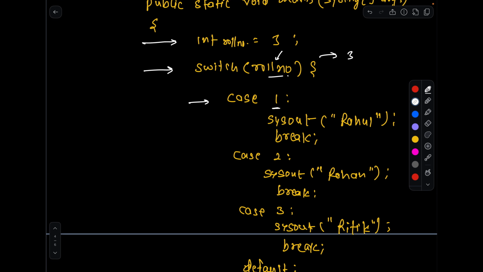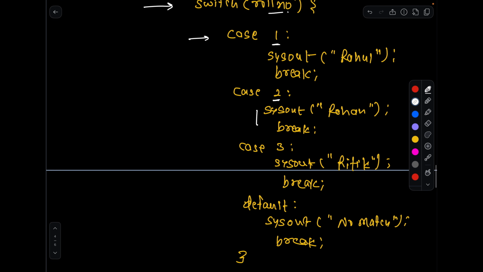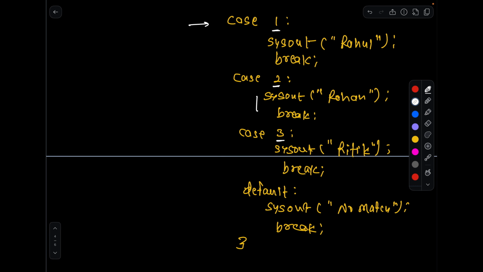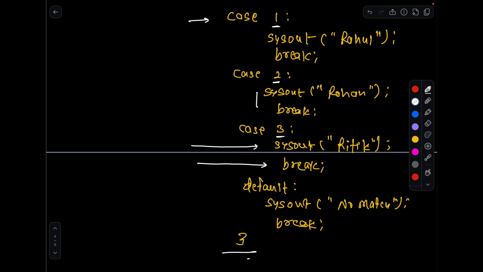Now it checks if roll number is 2. No, it is not, so it is not going to print this one. Now it checks if roll number is 3. Yes, it is 3. Now it executes this one, and if it executes the break, then it directly comes outside the switch.